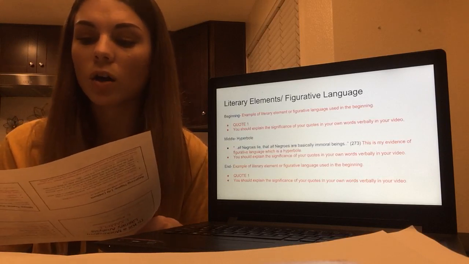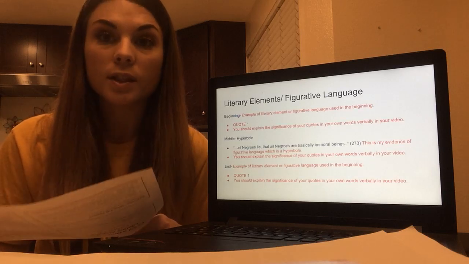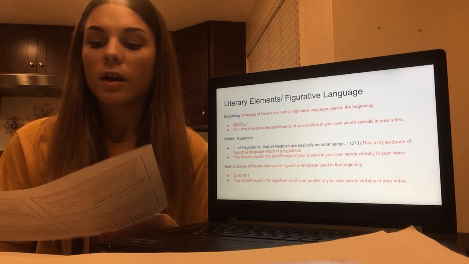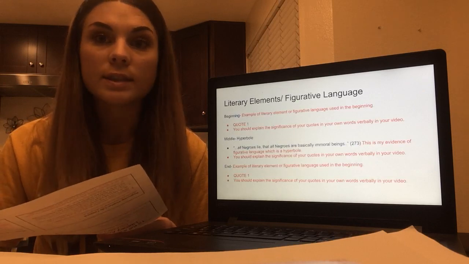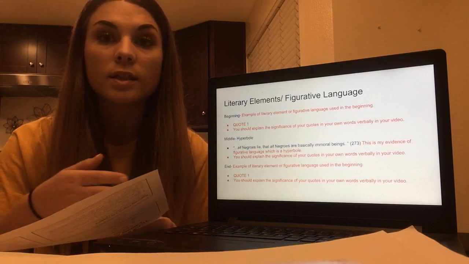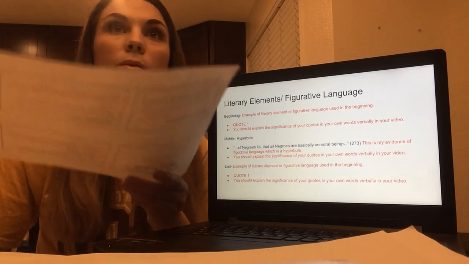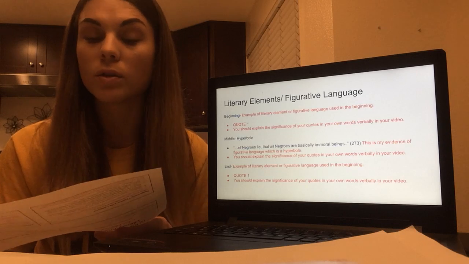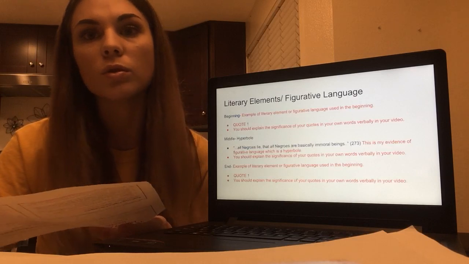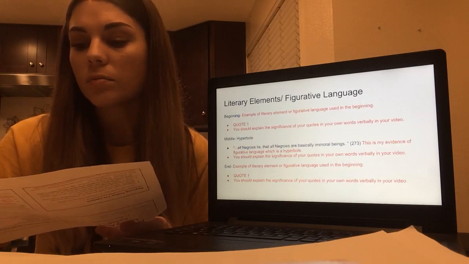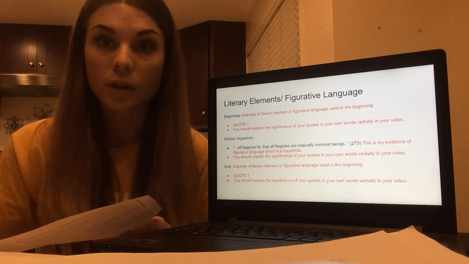So hyperbole, it says all Negroes lie, that all Negroes are basically immoral beings. So this hyperbole exaggerates that all black people are the same. And we all know that that is a stereotype because there is no race that simply everybody of that race is the same, right? So that's the point Atticus is trying to make when he is persuading the jury to do the right thing, basically pointing out the obvious that that is a complete exaggeration.